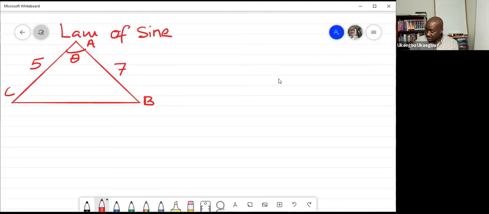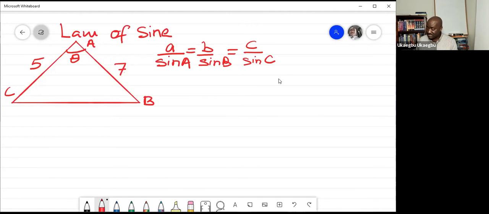Now in law of sine, the first thing you do is write the formula. The formula of law of sine says that the side A divided by sine of A is equal to the side B divided by sine of B, which is equal to the side C divided by sine of C. That's the formula.